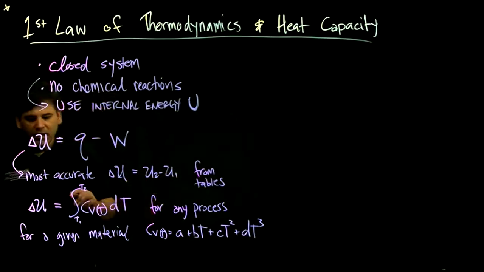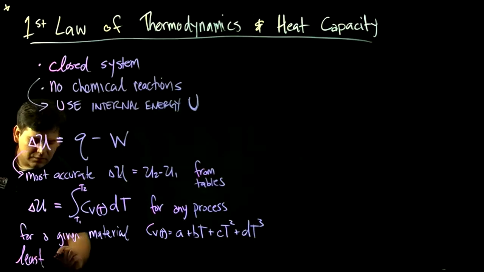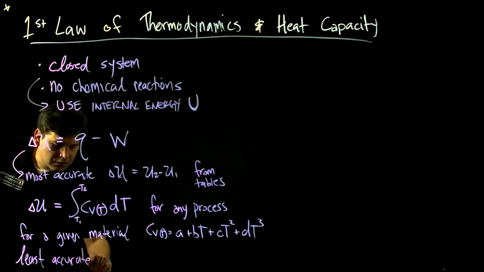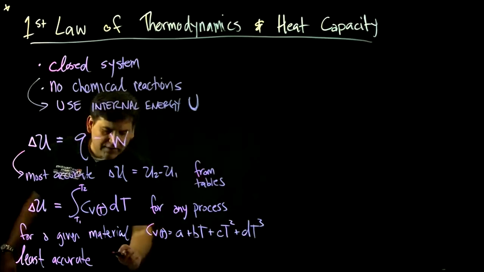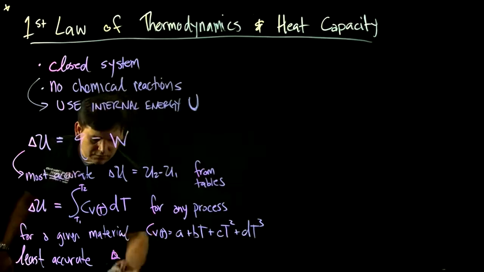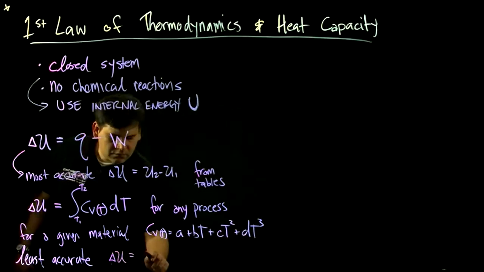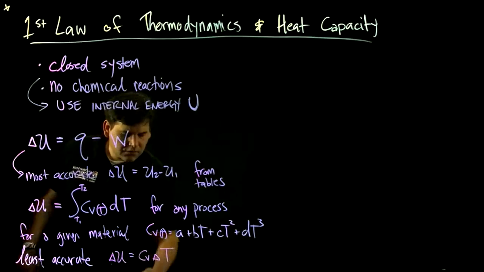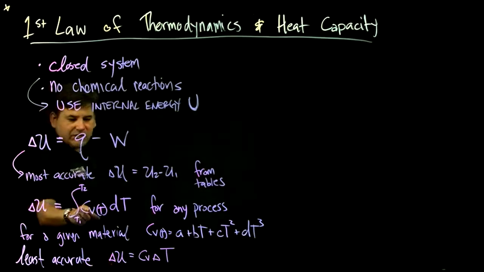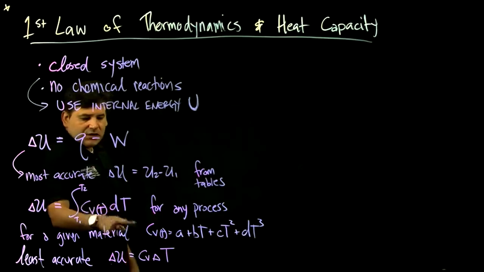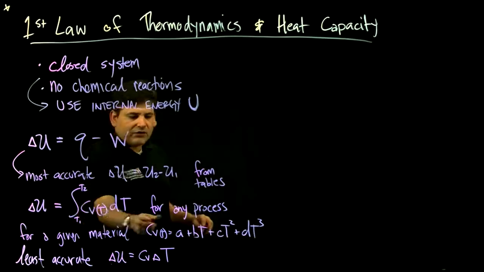So for the least accurate way, which we have done and which is nice for simple calculations, least accurate would be to say that delta U equals the integral of CV dT, where instead of having this integral of a polynomial function, you would simply say that if this CV was constant, it did not depend on temperature, this integral becomes simply T2 minus T1, and that is least accurate because you're not accounting for this temperature effect.